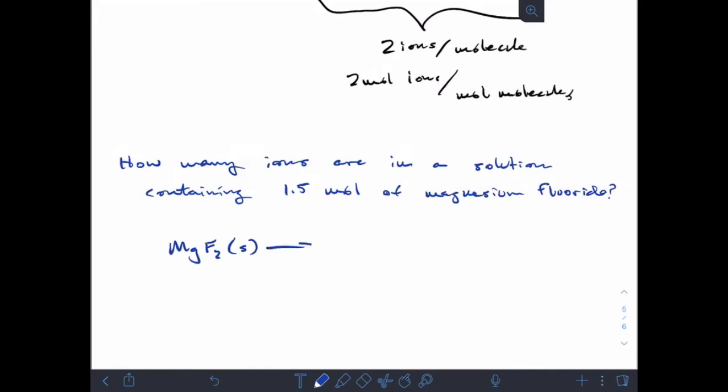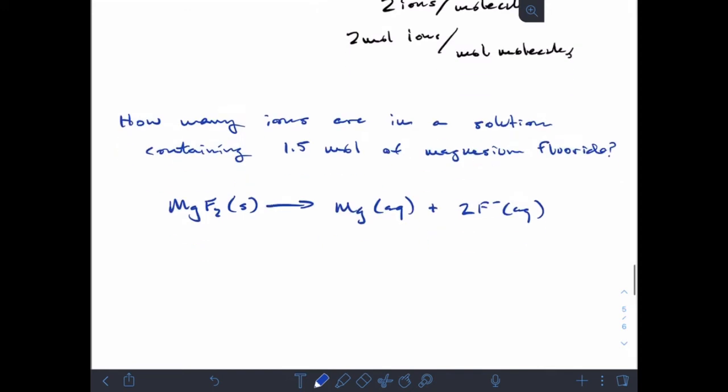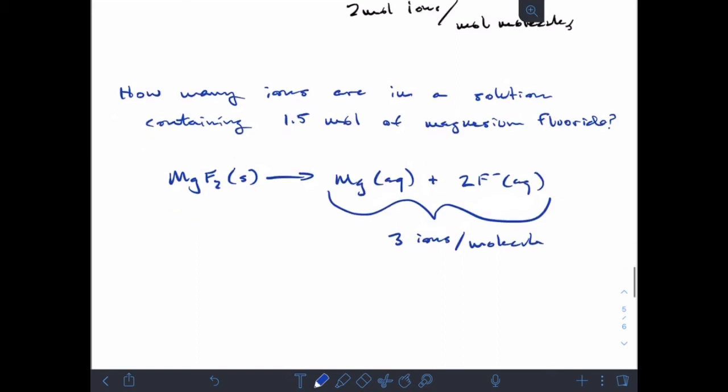If I take some magnesium fluoride and I put it in water, I get 1 magnesium ion and 2 fluoride ions, which gives me 3 ions per molecule, or 3 moles of ions per mole of molecules.